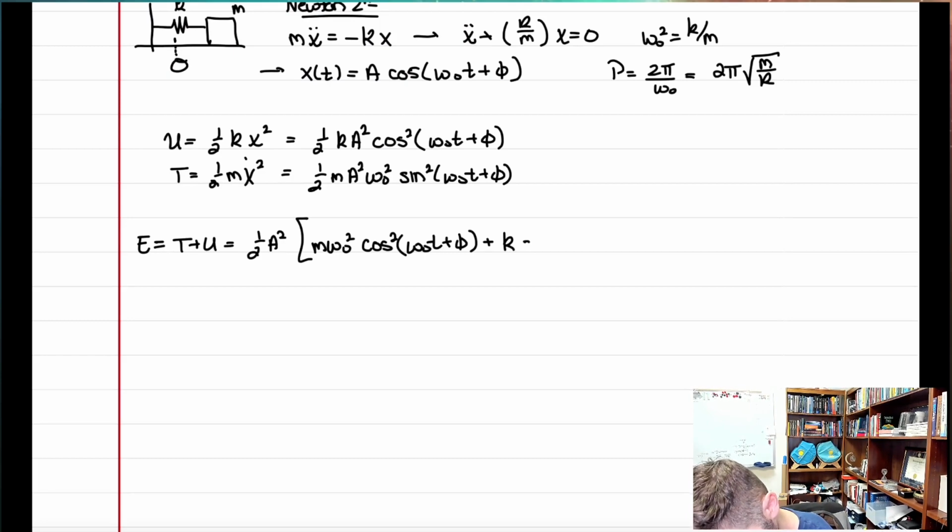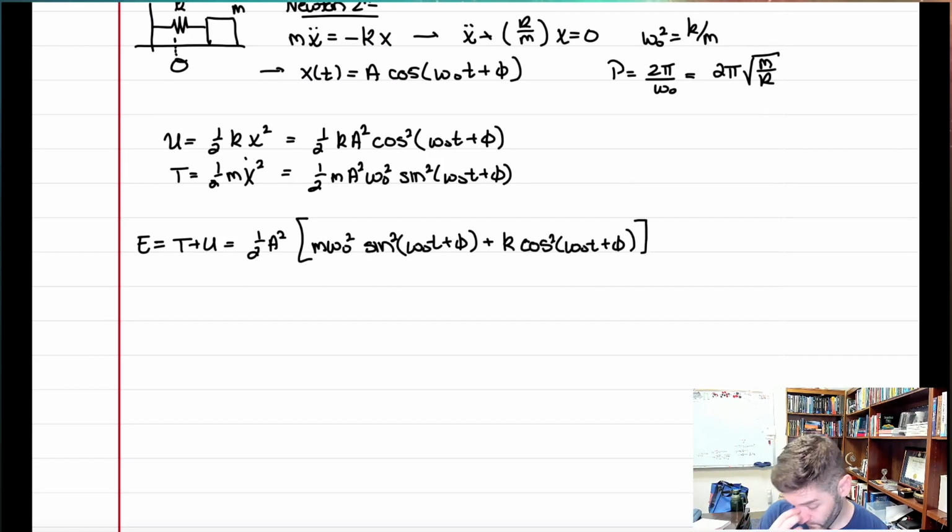Oops, that should have been a sine, not a cosine. And I really would love if I could do sine squared plus cosine squared, but there are all these numbers out in front.